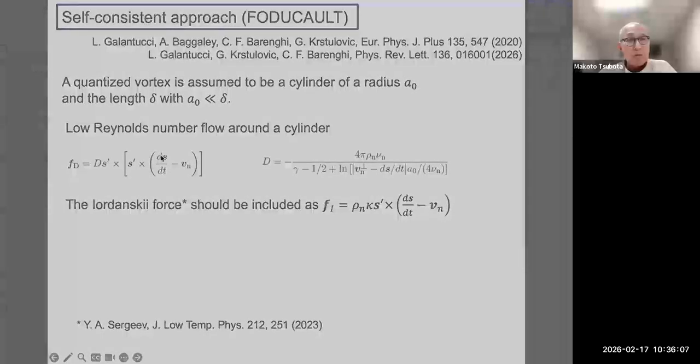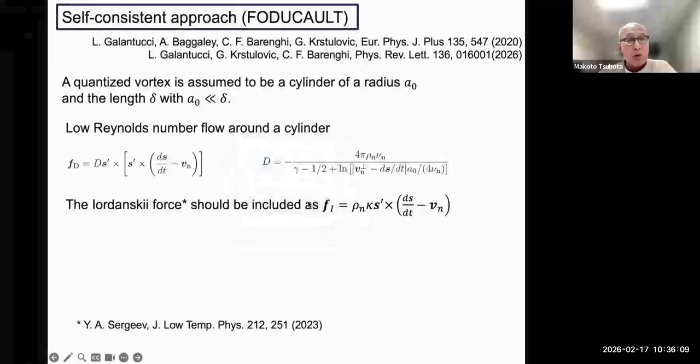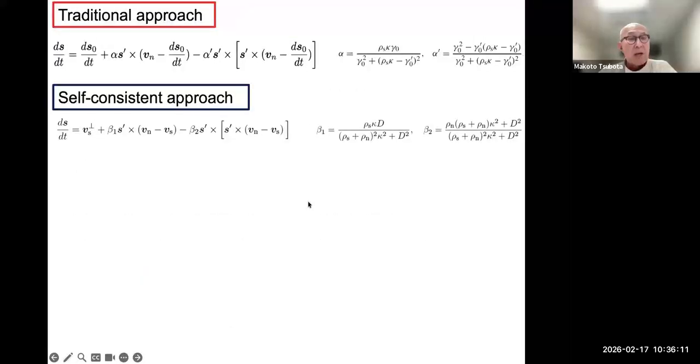Yes, thank you very much for the important question. Both approaches have merits and demerits. In order to investigate the fine structure, a self-consistent approach would be better. But in order to investigate the very fine scale structure, we need a very fine mesh.